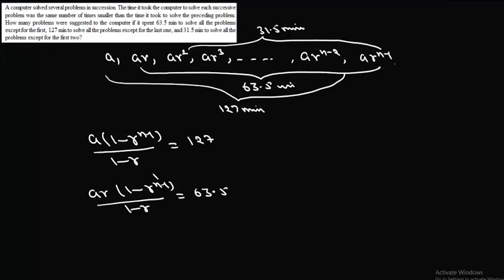If we divide first with second, everything will cancel. We'll get this as 1 upon r, and that will be equal to 127 upon 63.5, which is 2. So value of r is 1 by 2.